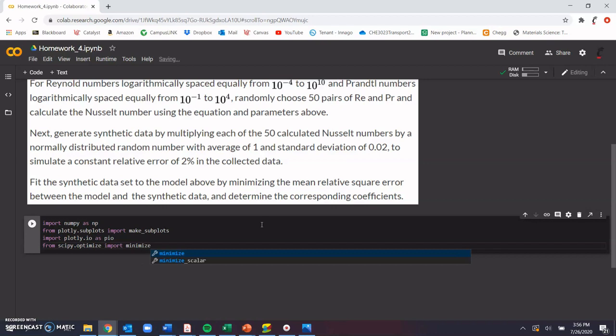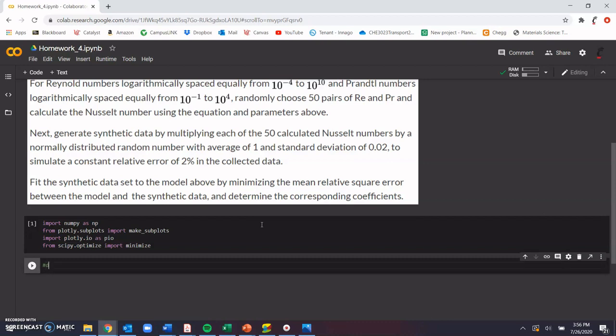And then from SciPy, importing the minimize function so we can ultimately minimize our relative square error for our synthetic data.